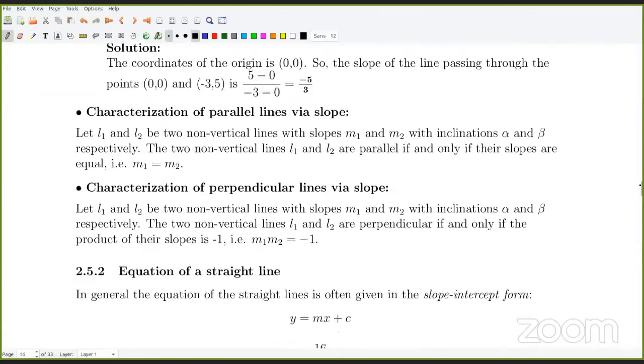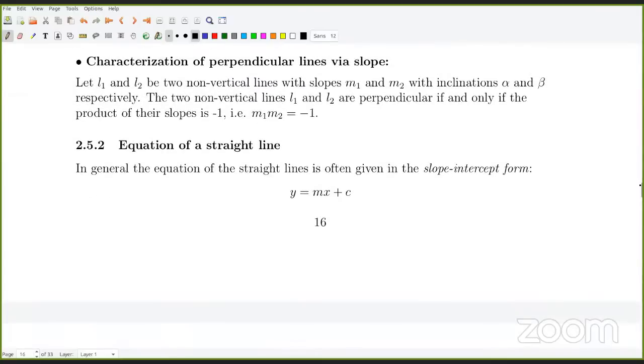Now let's come to the equation of a straight line. The equation of a straight line can be written in different forms. In general, we write it in slope intercept form, which is y is equal to mx plus c. We write it this way because it is easy to interpret and easy to draw on the xy plane. But you can write this straight line equation in any other form.